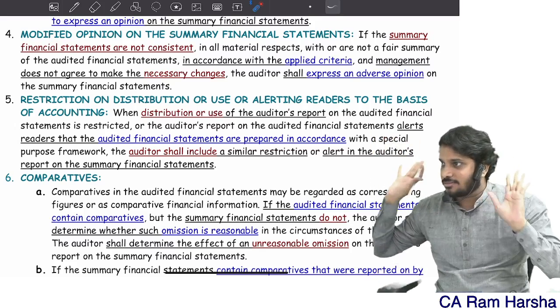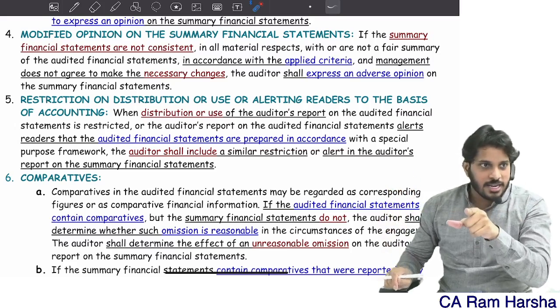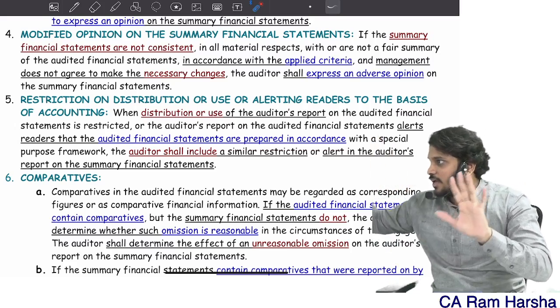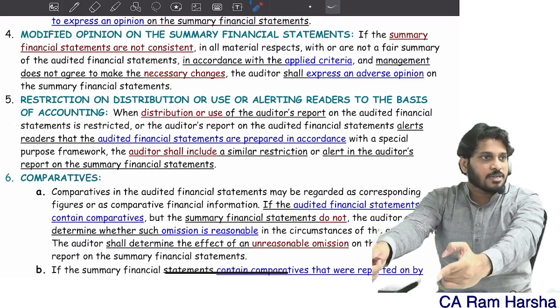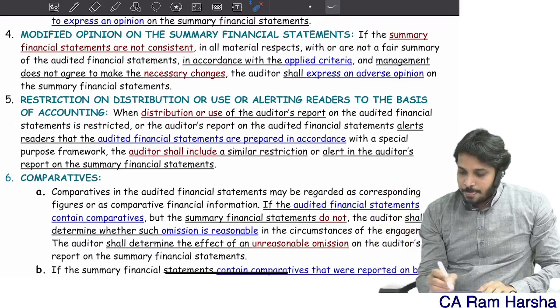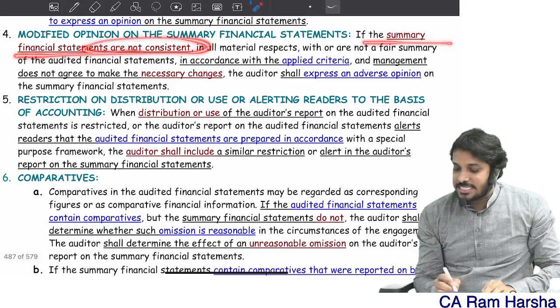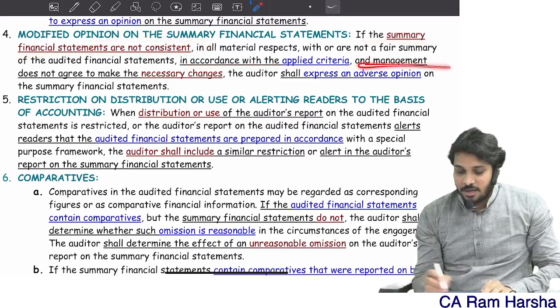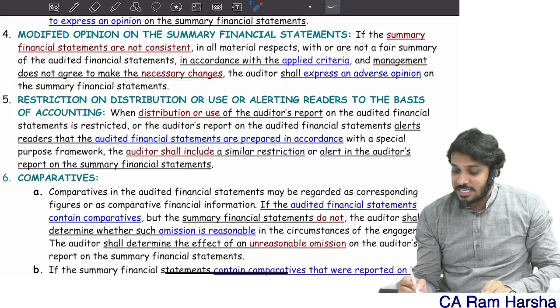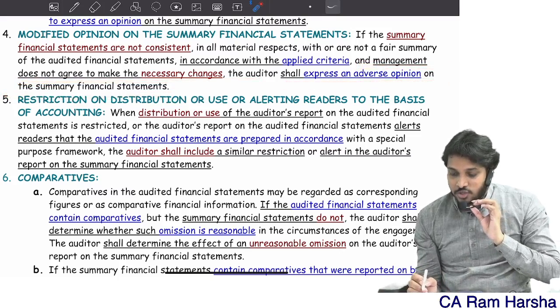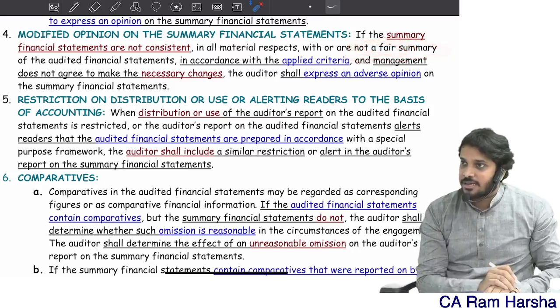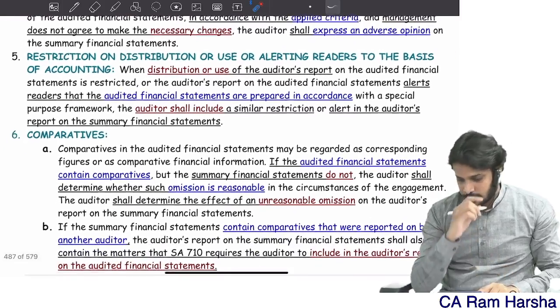Summary is not a summary, technically speaking. You are calling it a summary, but it is not a summary of the audited financials. Then I will say it is not a fair summary. So, if the summary is not consistent in accordance with the criteria and management does not agree to make necessary changes, the auditor shall express an adverse opinion. It is not a fair summary. That is when we express adverse.